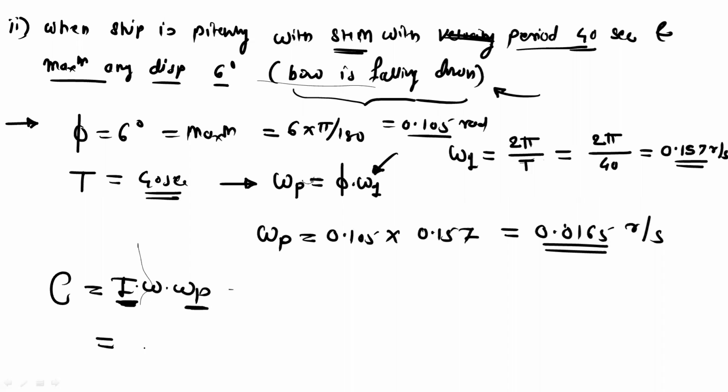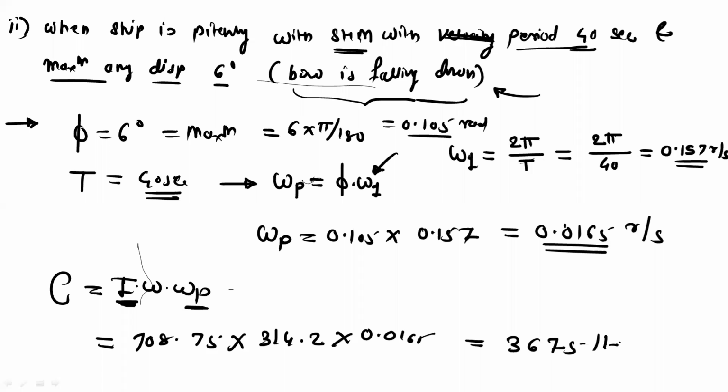I will remain the same, so it is equal to 708.75 into omega, which we have calculated as 314.2, into omega p value 0.0165. So this total value is 3675 newton meter, which is equal to 3.675 kilonewton meter. This is the magnitude of the gyroscopic couple during the pitching motion when the front end, that is the bow end, is falling down.